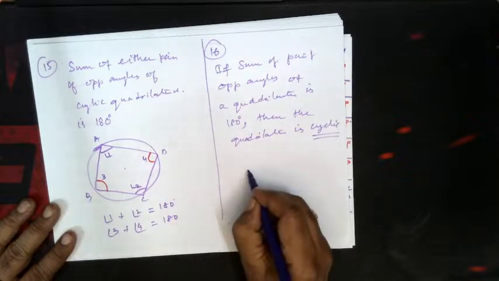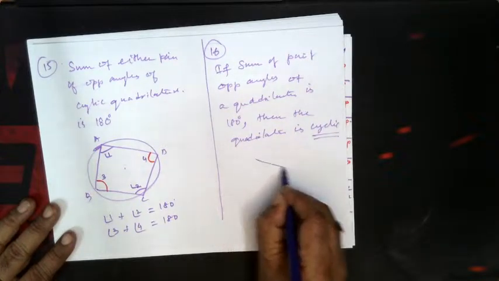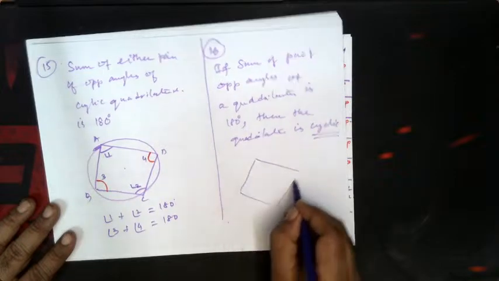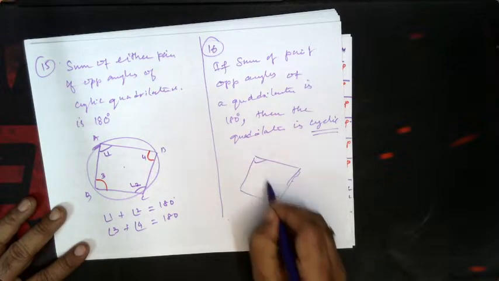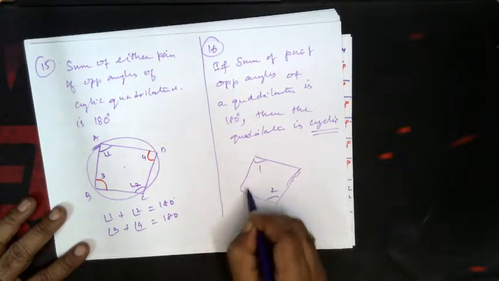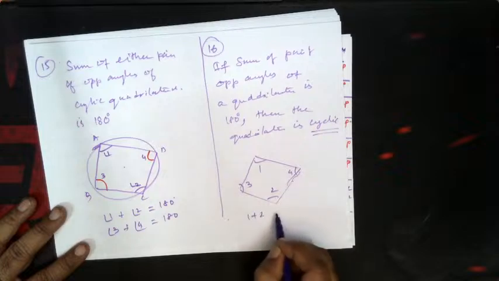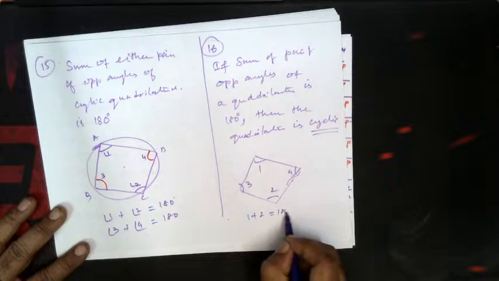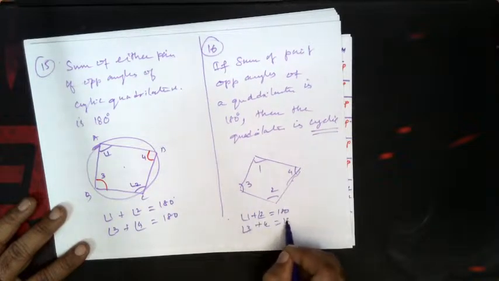Let me have a quadrilateral like this. Its opposite angles 1, 2, 3, 4: 1 plus 2 is equal to 180 degrees, 3 plus 4 is equal to 180 degrees.